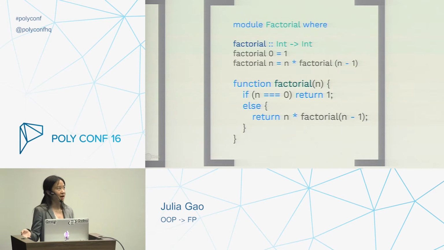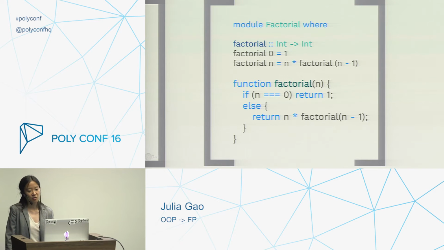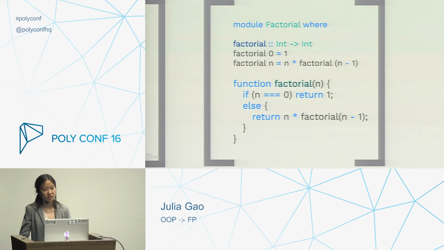And you don't really need Haskell to do this. You can do this in JavaScript or Java or anything, which is the same concept: you just check if n is equal to 0 and then return 1. That's on the bottom part. And then for anything else, you simply return n times the factorial of n minus 1, until you hit 0 again.